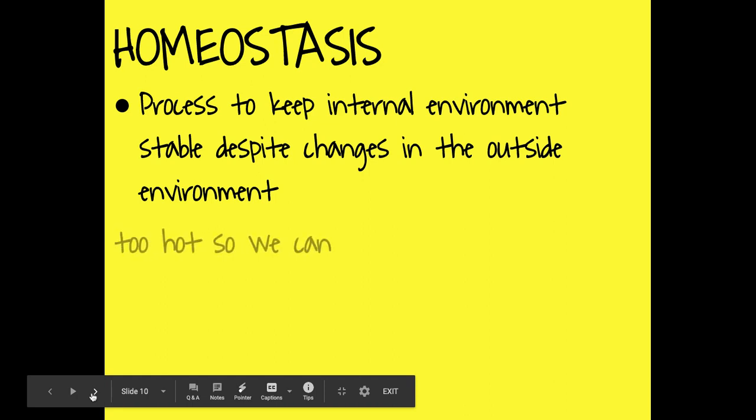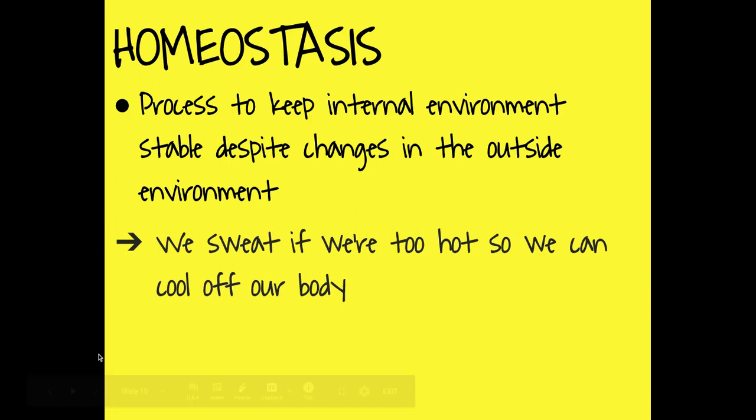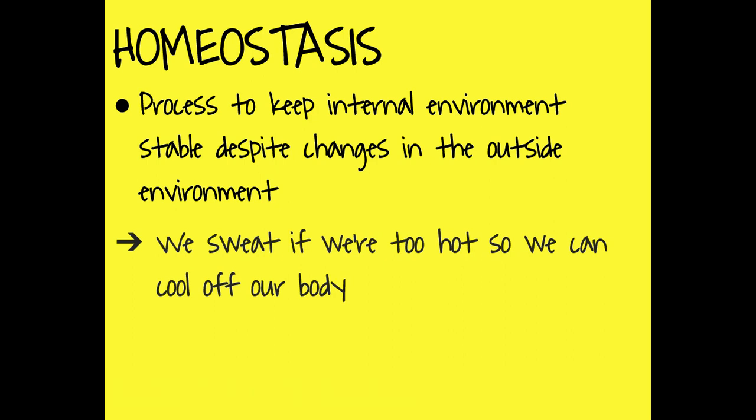So, for example, if you're outside on a really, really hot day and you're sweating a lot, that's a good thing because your body is cooling off so that you maintain an internal temperature. We know that that's about 98.6. If you stop sweating, then your body is going to become overheated, and that's going to cause a whole lot more problems.